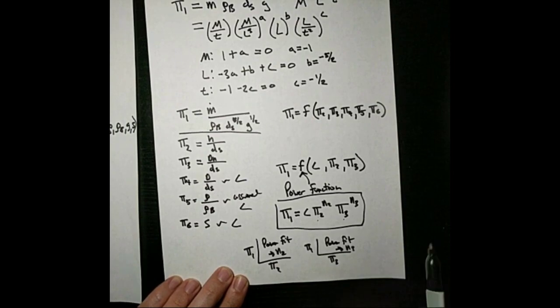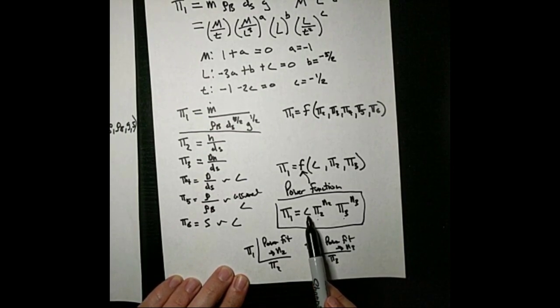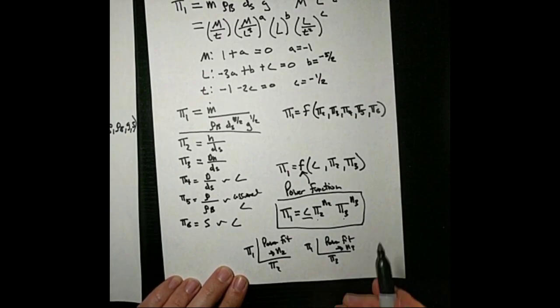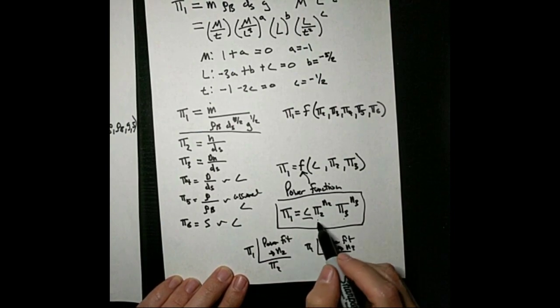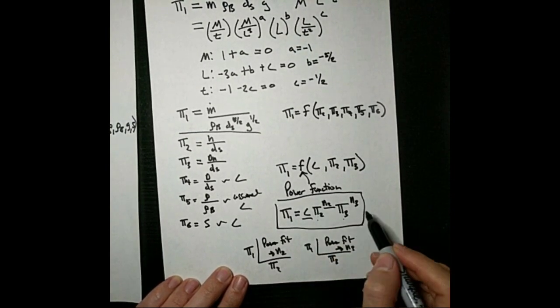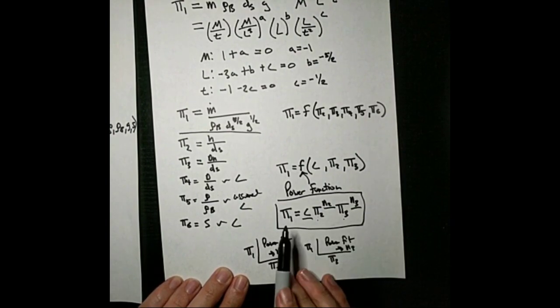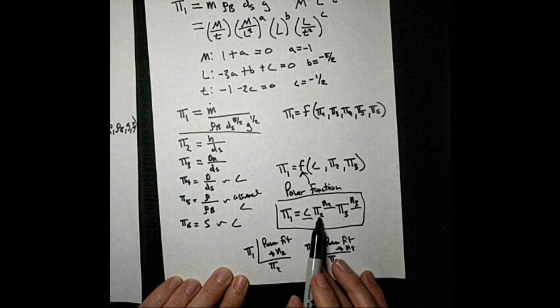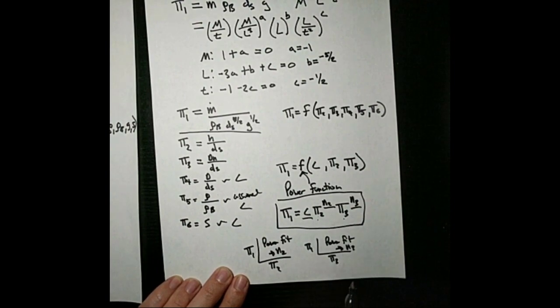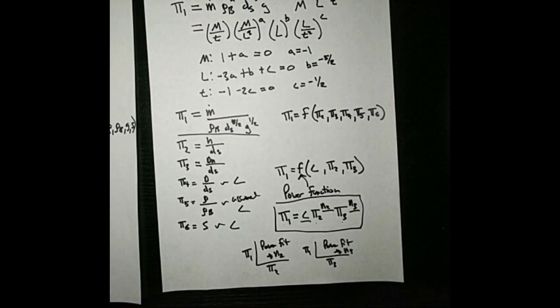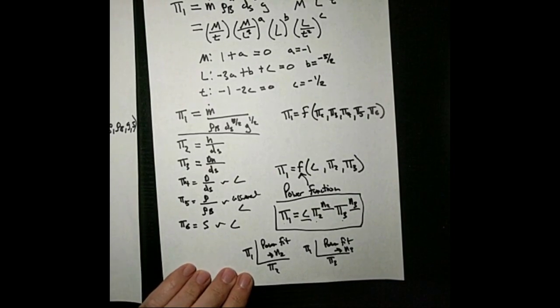And then that will also give us some constants we can combine to get this C. So the point of the experiments is to find values for C, N2, and N3. And then those values will allow us to determine how the packing height and the orifice diameter affect the mass flow rate. So that's all I have to talk about for this lab.